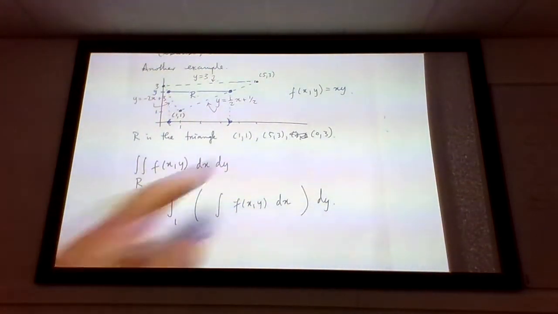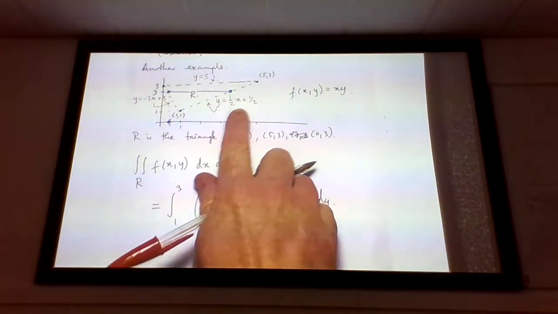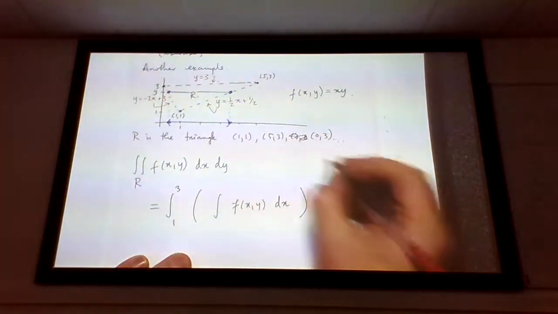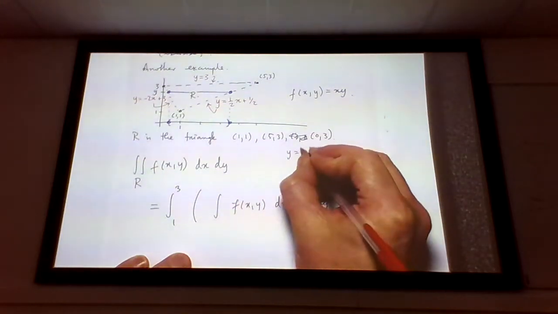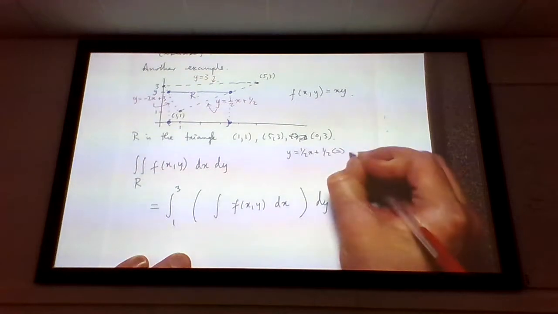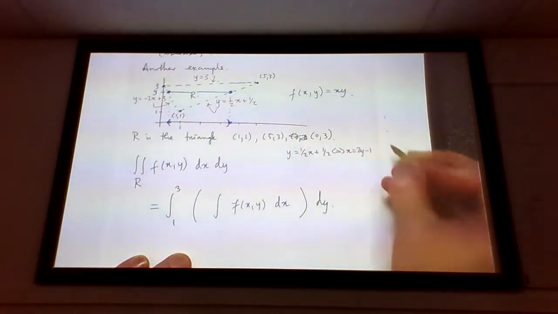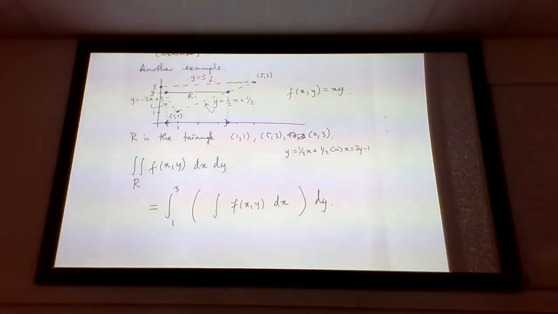Now, to work that out, we have to actually invert these representations. So we had y equals 1/2 x plus 1/2, but that's equivalent to x being 2y minus 1. Just invert the relationship.